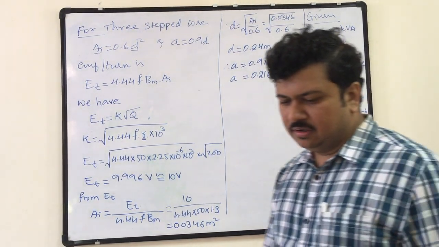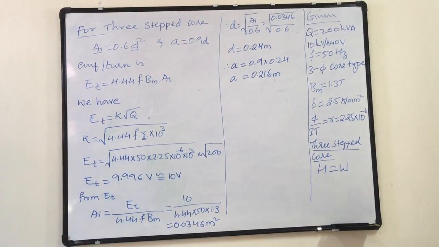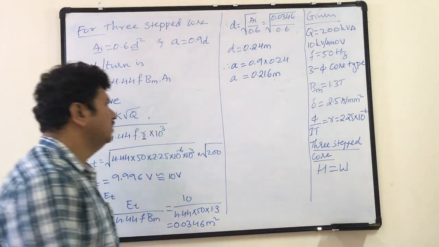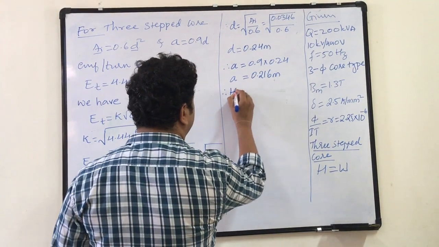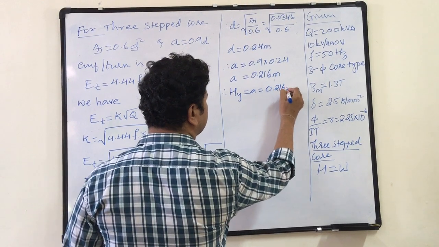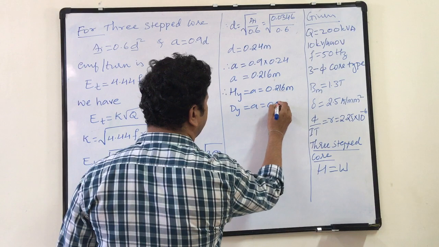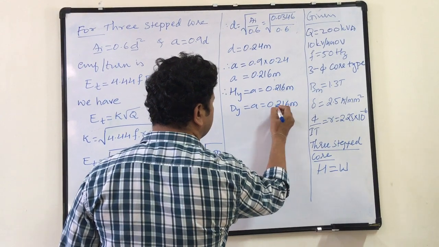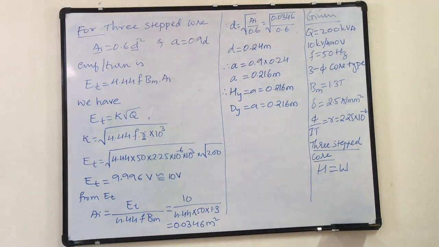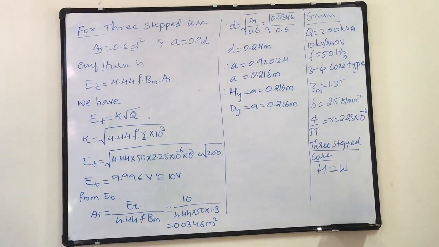And we know that height of yoke and depth of yoke both are the width of largest tapping. Therefore, height of yoke is equal to A, 0.216 meters. Depth of yoke is equal to A, which is also 0.216 meters. So now I got the width of core, height of core, depth of core, and also the diameter of circumcircle.